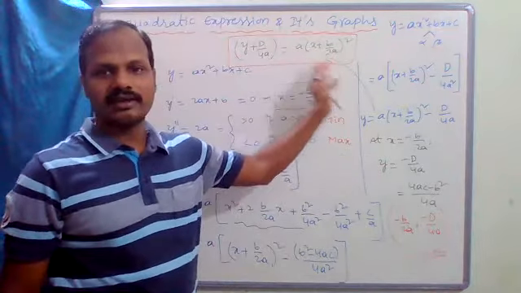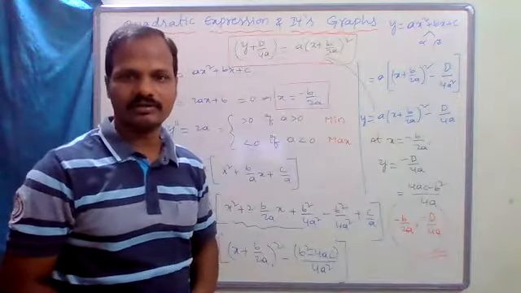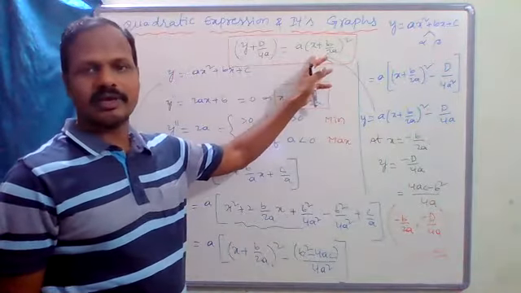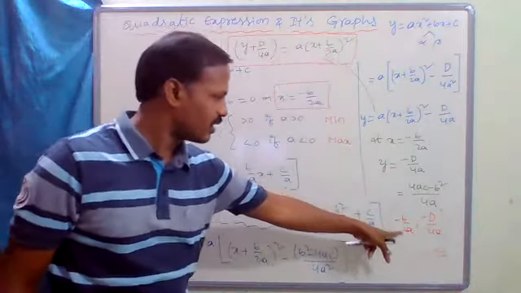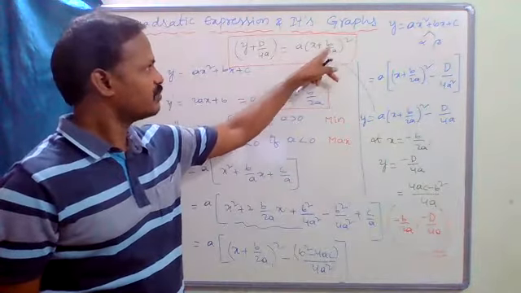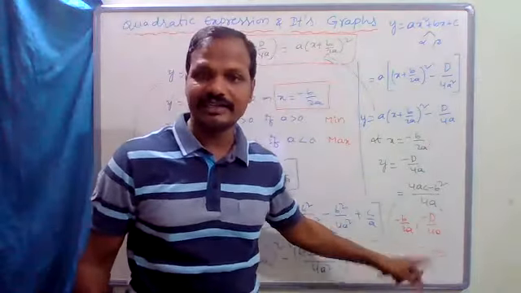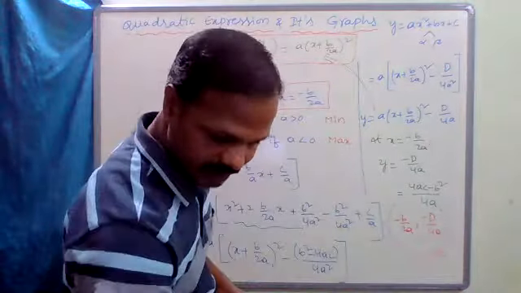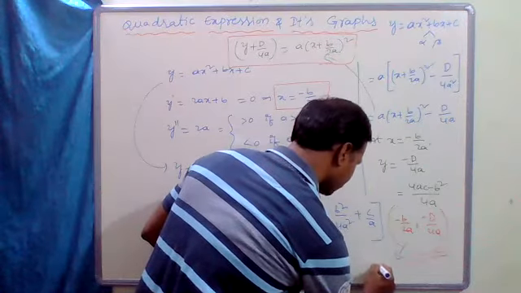So modify this quadratic expression. This is the equation of the parabola. So this point, minus b by 2a and minus d by 4a, is called the vertex. This point is called the vertex.